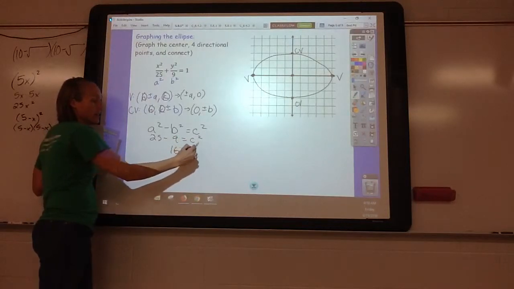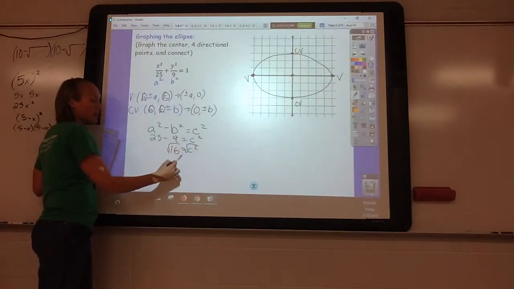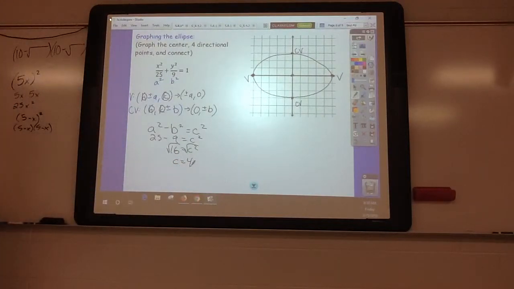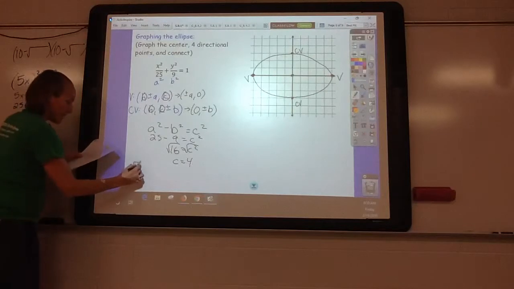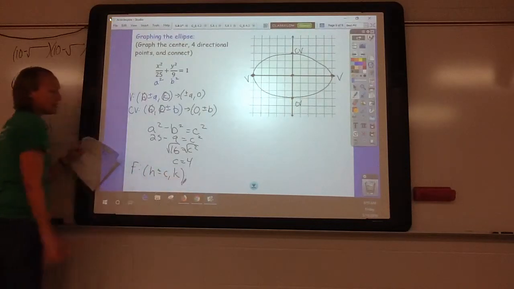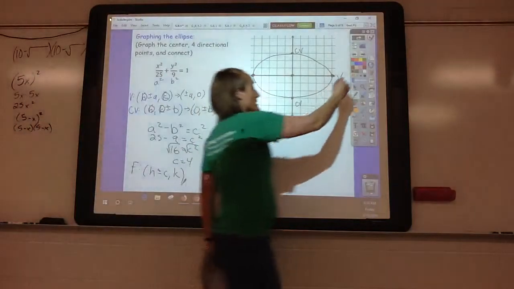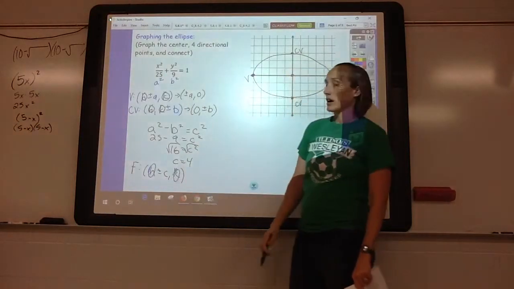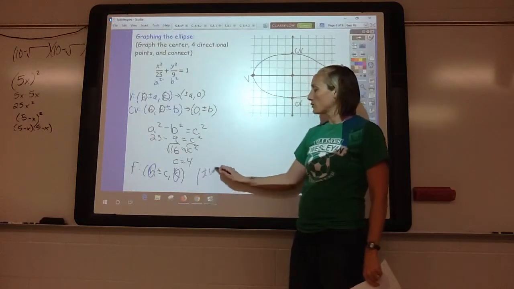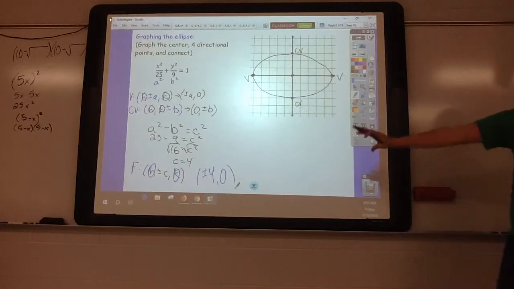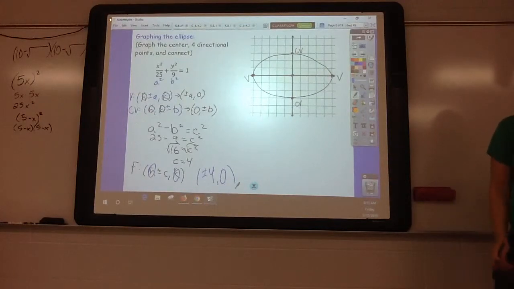That's going to be 16, and that means that my c value is 4. Okay? I look at my chart, my foci say that they are at h plus or minus c, comma k. We just identified h and k as 0 and 0. Okay, so the foci are at plus or minus 4, comma 0 if I fill it in. So could you identify those? That's all you have to do to be able to identify them.